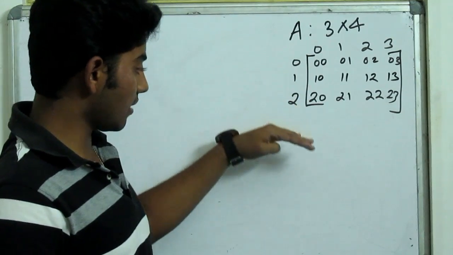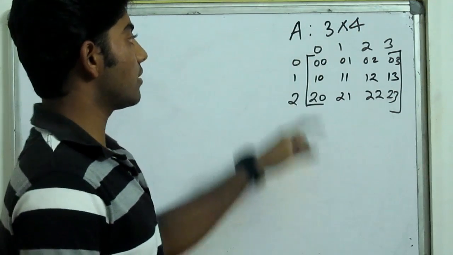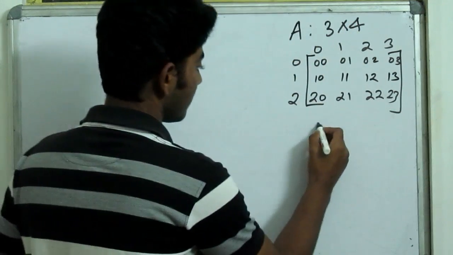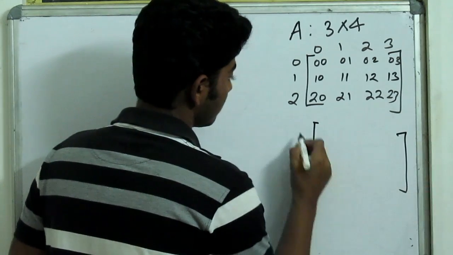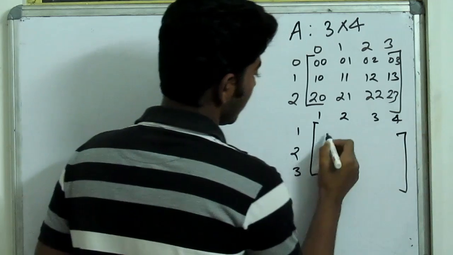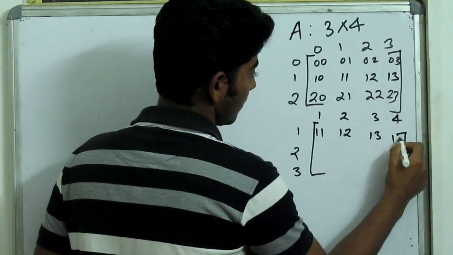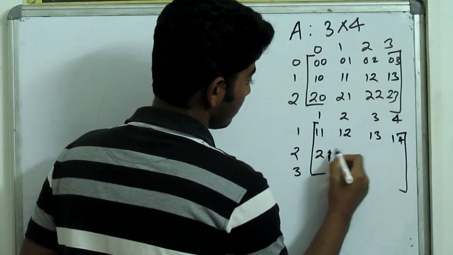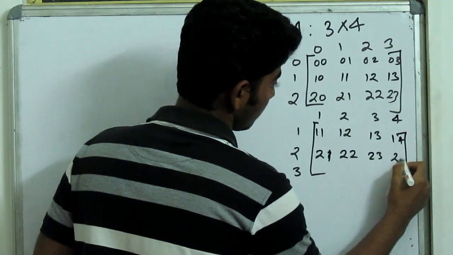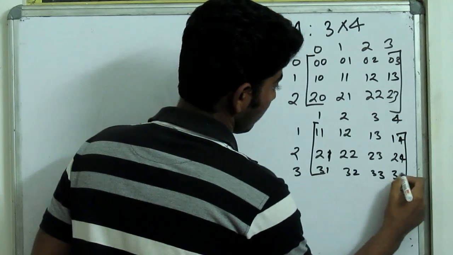So we'll have another matrix for this same 3 cross 4 array, starting from index 1. So it is 1 2 3 and 1 2 3 4. The elements are 1 1, 1 2, 1 3, 1 4, 2 1, 2 2, 2 3, 2 4, 3 1, 3 2, 3 3, 3 4.